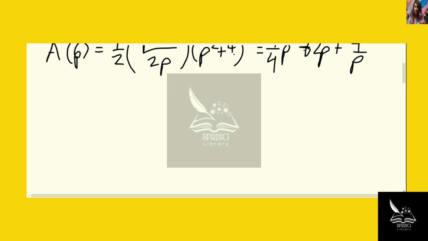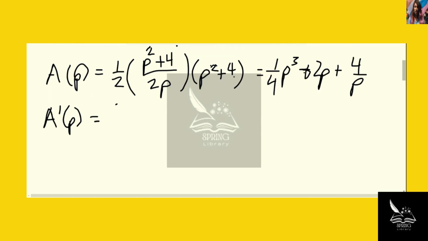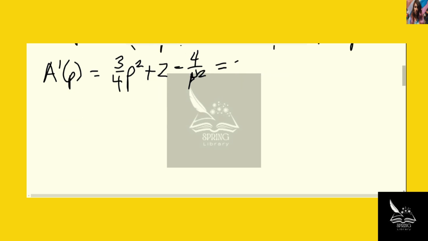Now, in order to minimize this area, we're going to take the derivative. A prime of p equals 3/4 p squared plus 2 minus 4 over p squared. And we want to find when this is equal to 0.